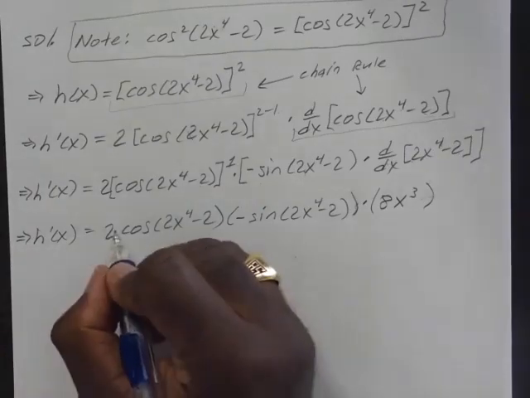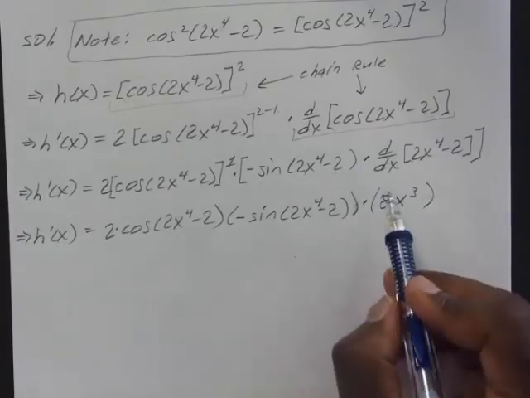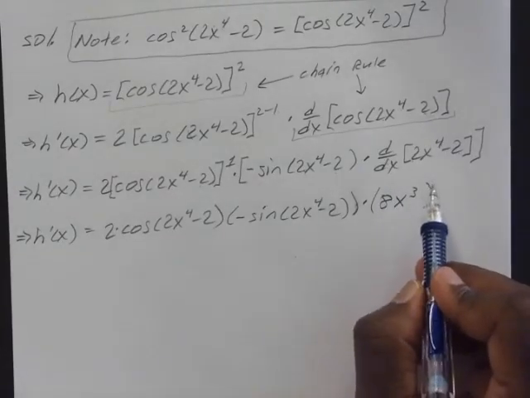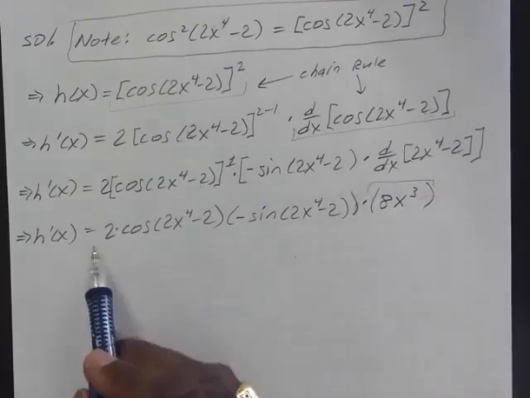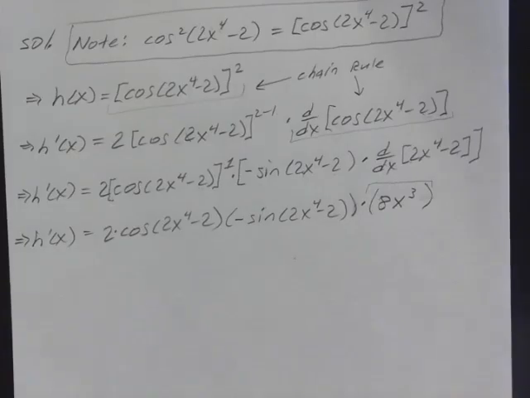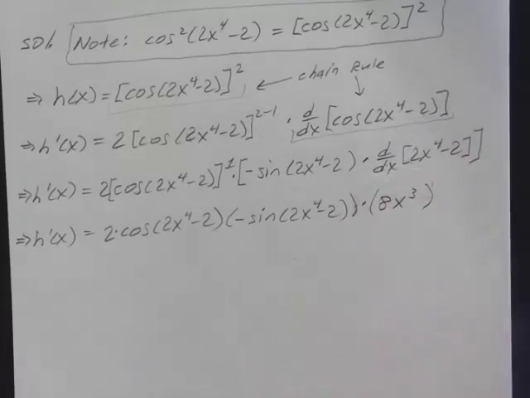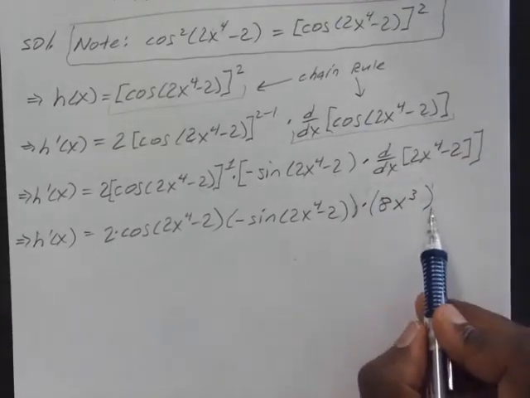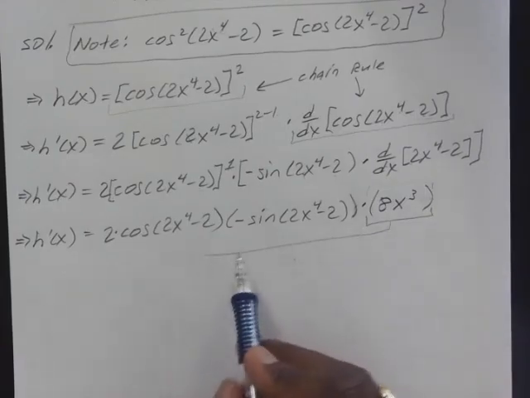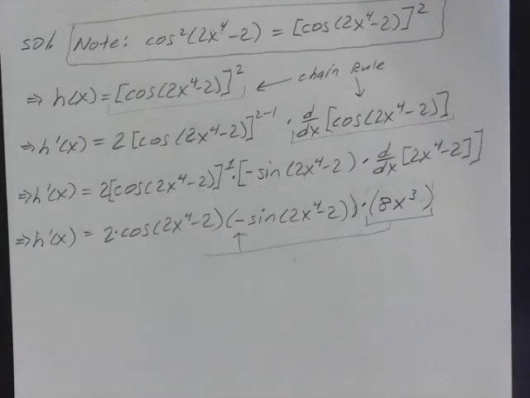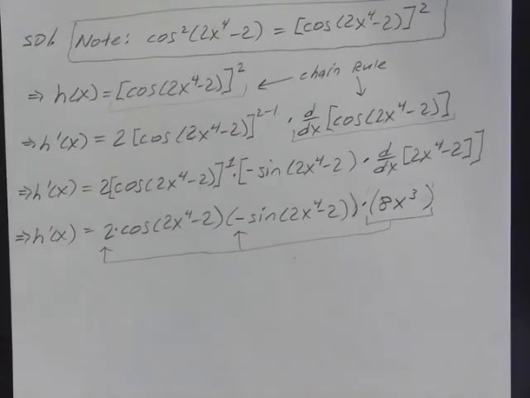Okay, so since we know all of these are multiplied, we can simplify this. So we can multiply this 8x to the third power and this negative 1. I'll put it underneath it because there's a little more room under it. So we have our 8x to the third power, and we have this negative 1 here, and we have 2.